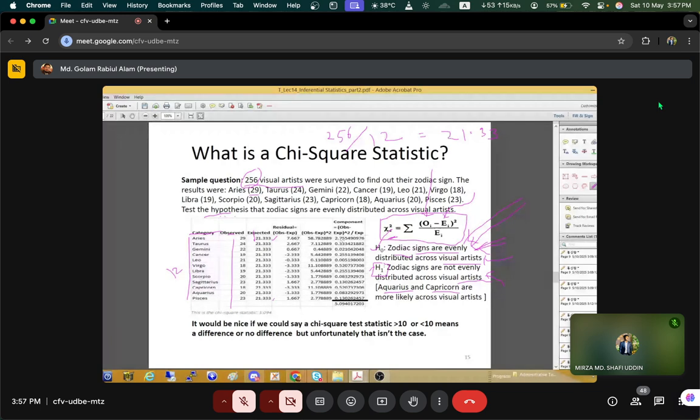Similarly, for Taurus it is 24 minus 21.33, which is 2.66, the square of that is 7.11, and dividing by 21.33 gives 0.33. Similarly for Gemini, Cancer, and all 12 zodiac signs. If we sum up those values, we get the chi-square value, which is 5.09.